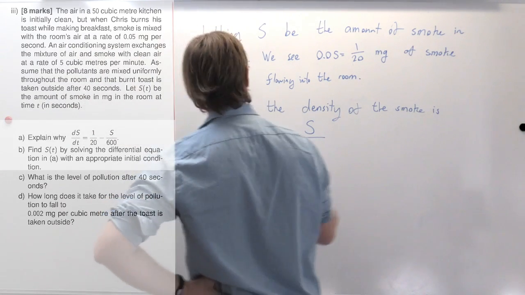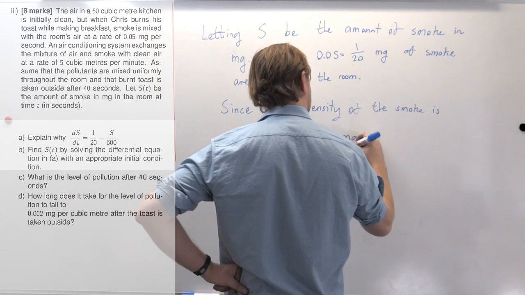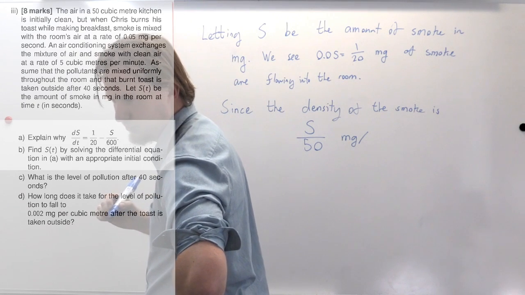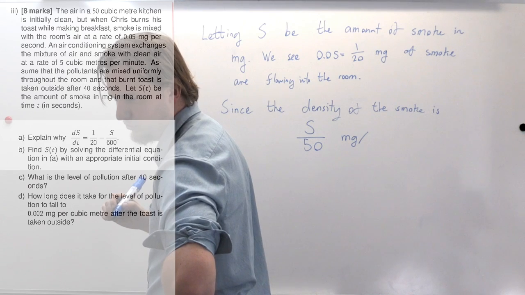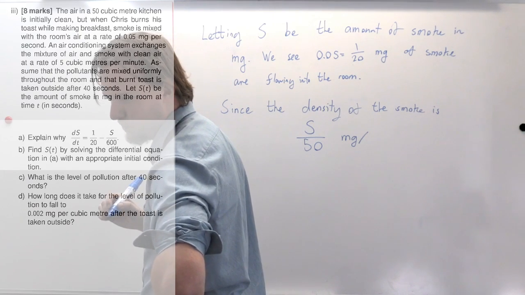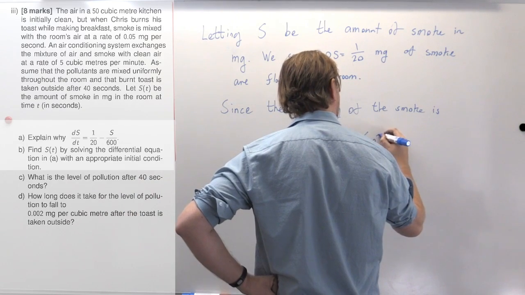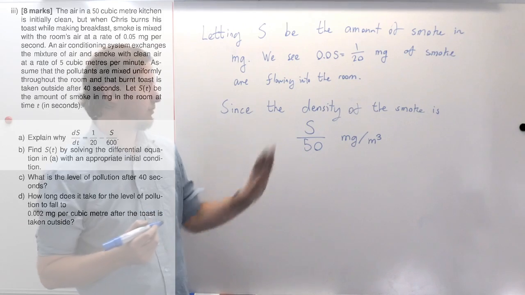So it's a 50 cubic meter room. So this is milligrams per meter cubed, actually. So this is the density.